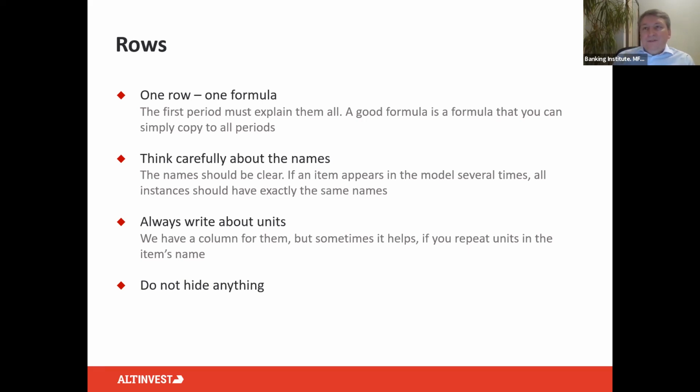And I see that if one sort of data is called differently in different parts of the model, that always creates a lot of confusion. So think about each name of each line in your model and use the same names for all lines.